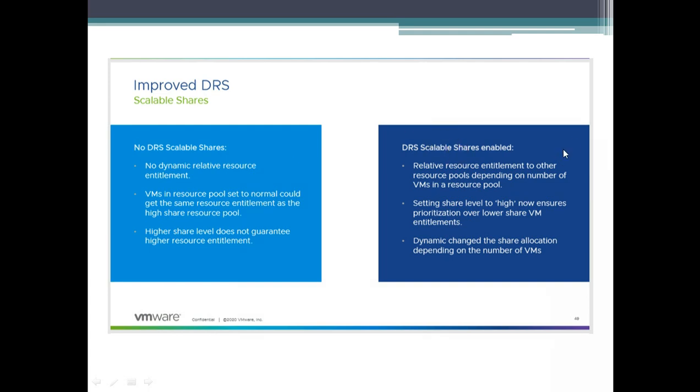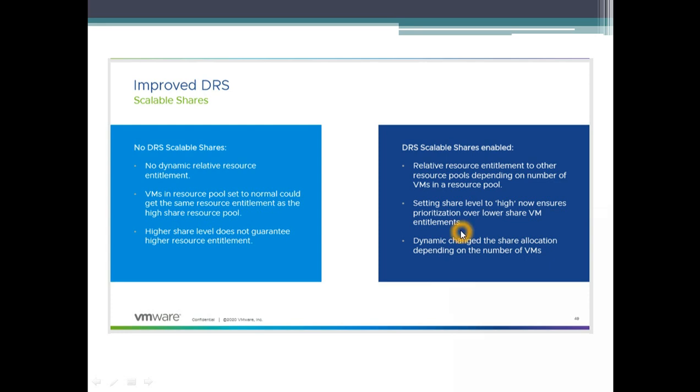With DRS scalable shares, once they are enabled, the relative resource entitlement to other resource pools depends on the number of VMs in the resource pool. So it checks the number of VMs and then recalculates. Setting the share level to high now ensures prioritization over lower share VM entitlements.